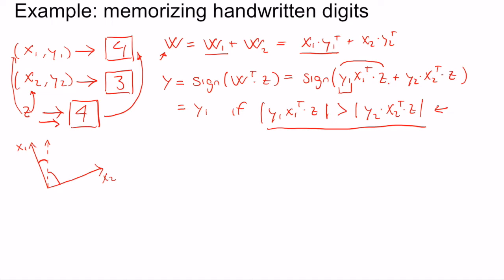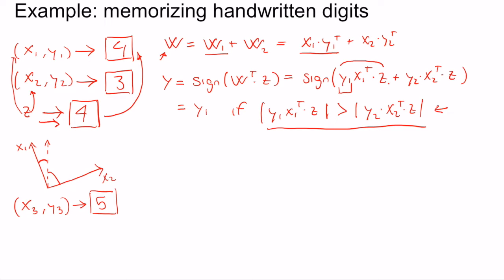But what if we now want to store a new vector, a new digit? Say we want to store x3, y3, which is encoding the 100th digit 5, this particular 5 here.